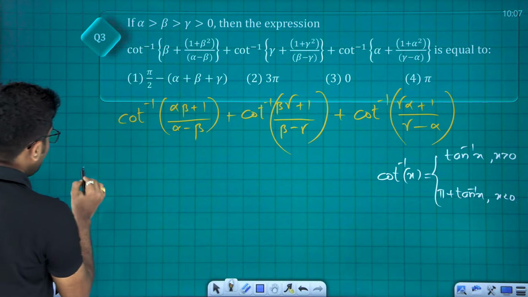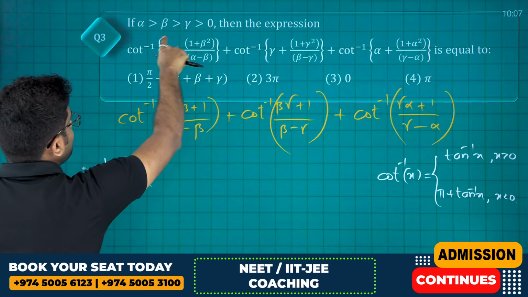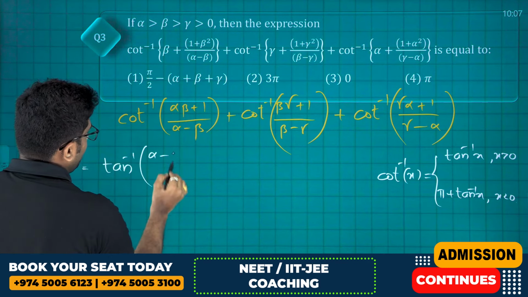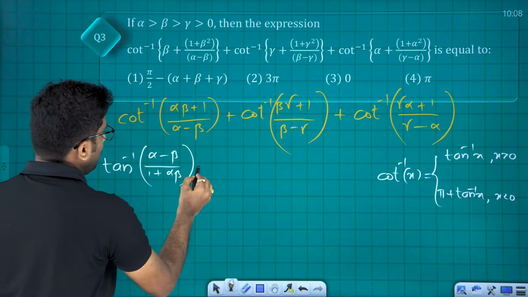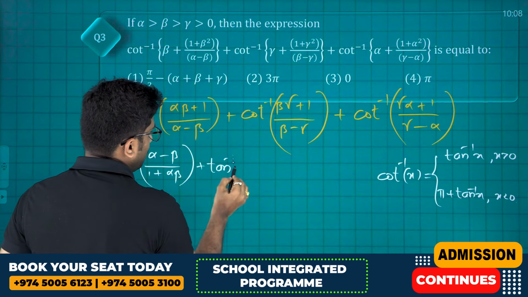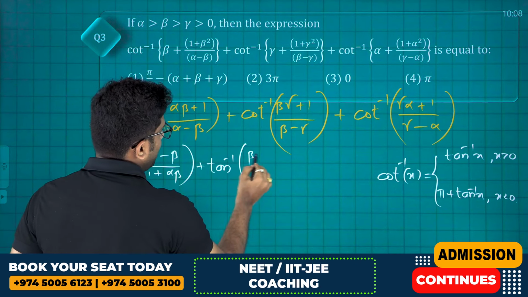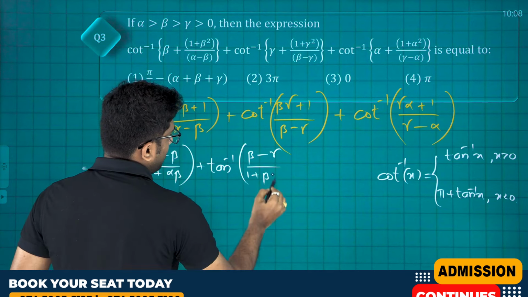So from here we can write this as tan inverse of, say alpha minus beta, it is positive, alpha minus beta divided by 1 plus alpha beta, plus again tan inverse of beta minus gamma, it is positive only, by 1 plus beta gamma.